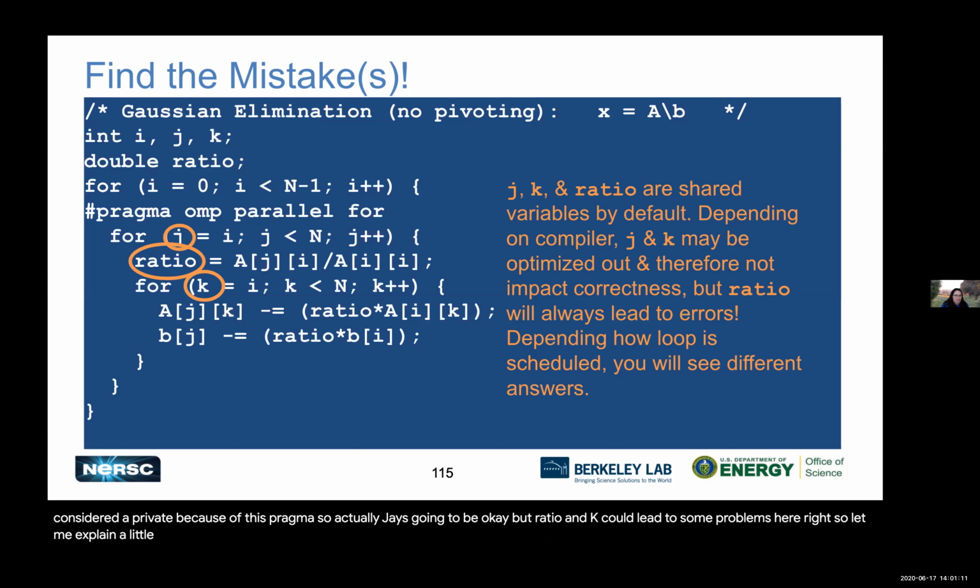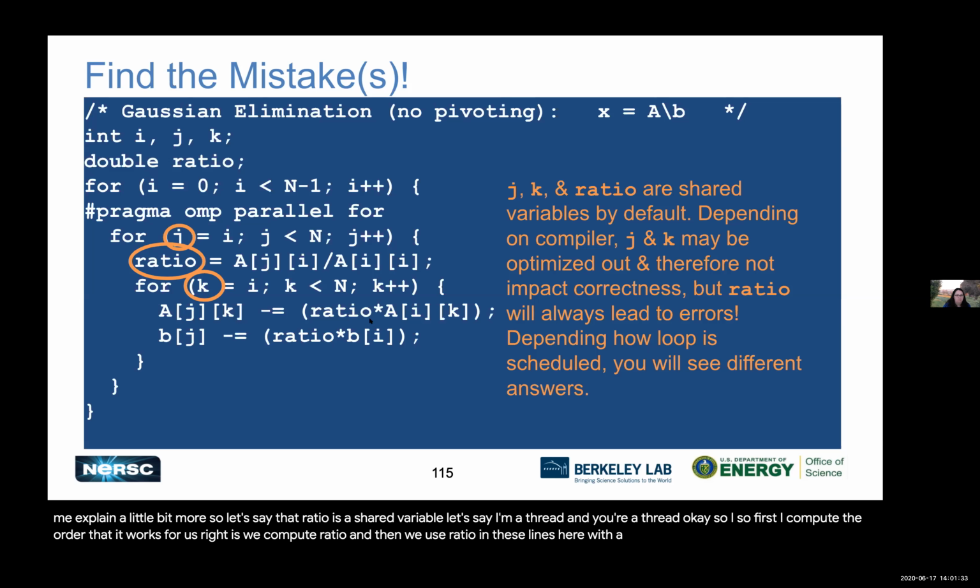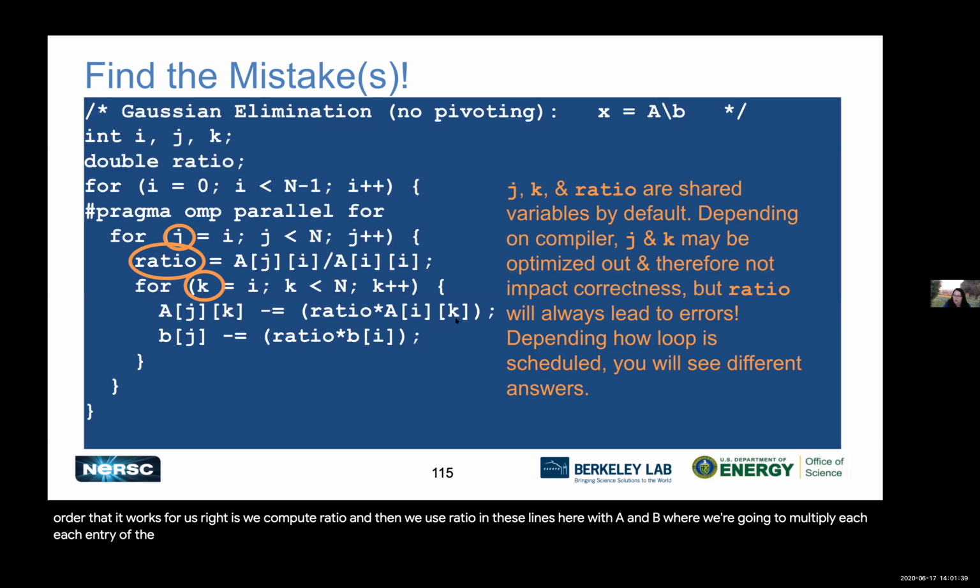Let me explain a little bit more. Let's say that ratio is a shared variable. Let's say I'm a thread and you're a thread. The order that it works for us is we compute ratio, and then we use ratio in these lines here with A and B, where we multiply each entry of the row by our ratio, and each entry of the right-hand side vector by the ratio. Or, I mean, we're going to subtract.